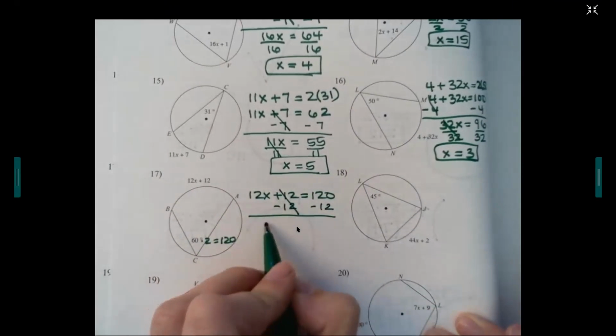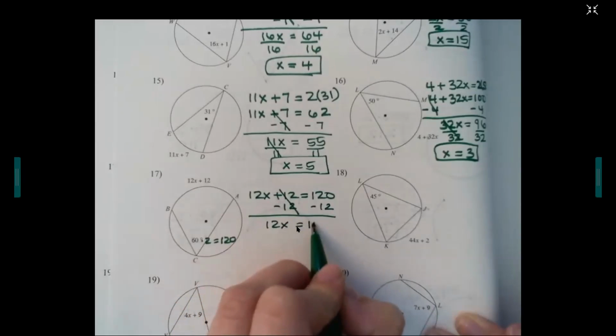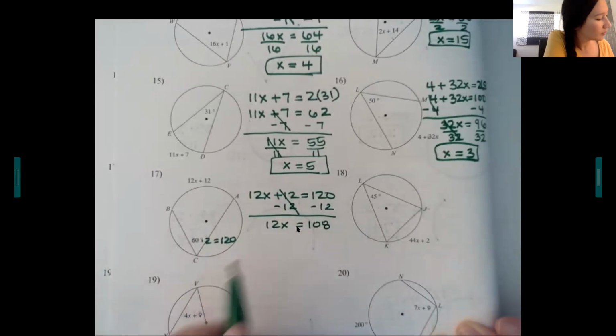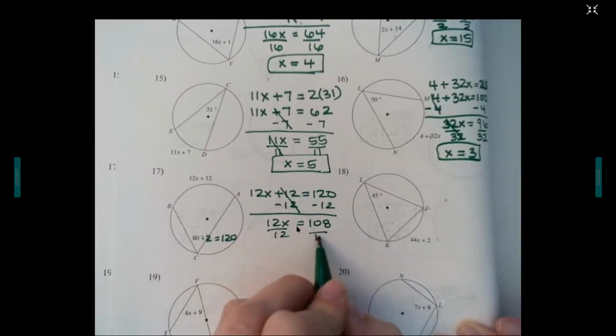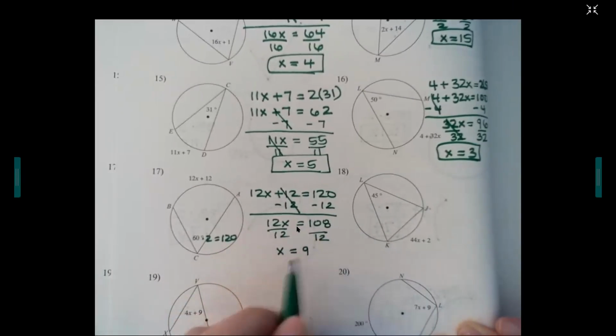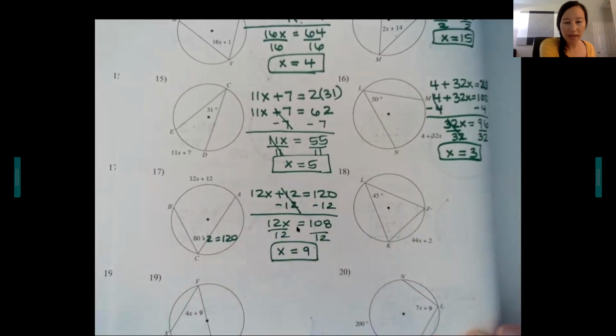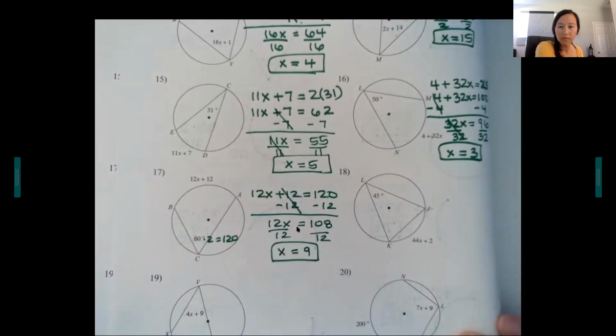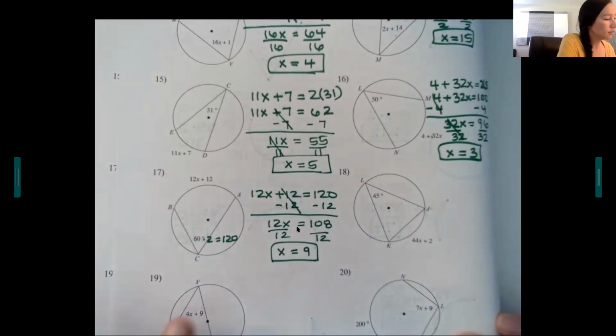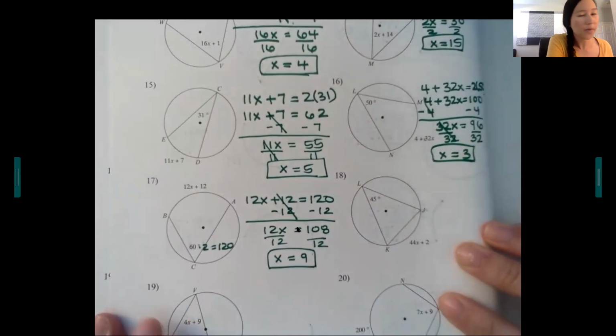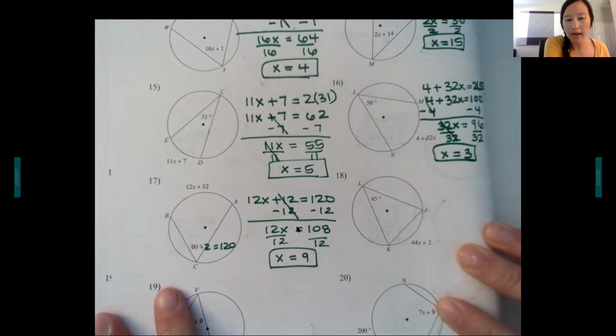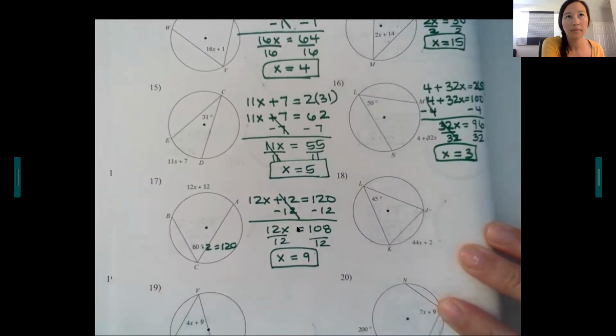And then you get 12x equals 108. Very good. And then divide by 12. And you get x equals 9. Very good, Jasmine. Thank you. Any questions on how we got 9 for number 17?